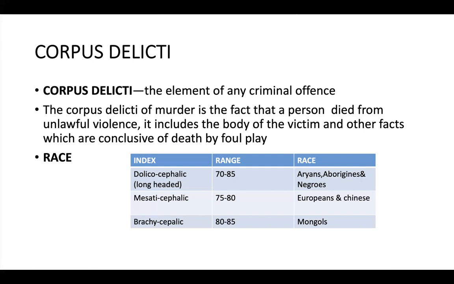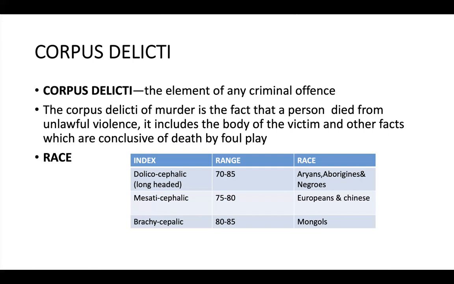Next thing we need to understand is race. Race, by the type of head, is divided into three. We can classify race into three types: dolichocephalic (long headed), mesocephalic, and brachycephalic. Dolichocephalic means a head index ranging from 70 to 85.